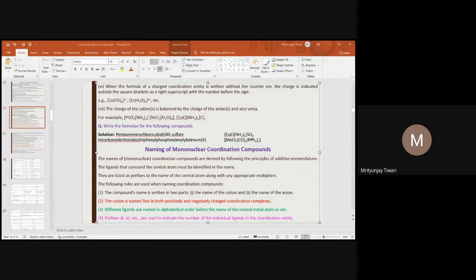The name of the H2O ligand is aqua, so it is hexaaqua. Please remember there is a difference from the usual rule in IUPAC nomenclature of organic compounds, where if two vowels come together, the first vowel is usually omitted.